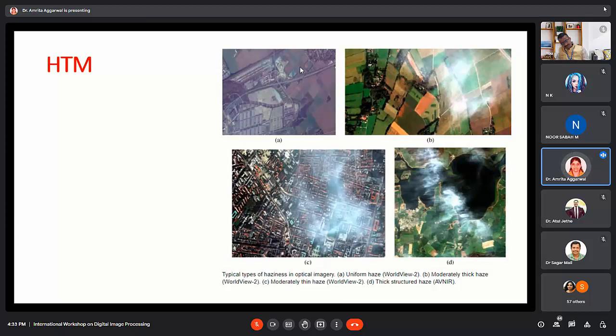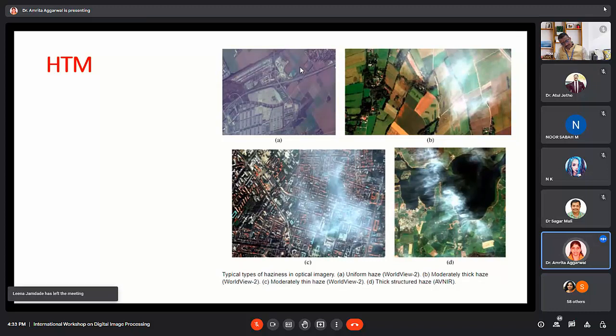So this is a little thicker haze, but it is only concentrated in one area. So with the help of other areas you can do the association and try to understand what this particular object may be that it is covering. However, it is still quite visible. In the third one, it is moderately thin haze. In moderately thin haze, you are able to see everything, but it looks very thin.